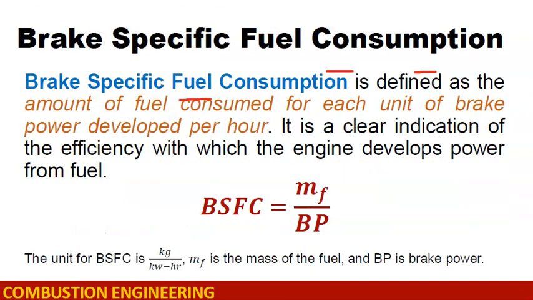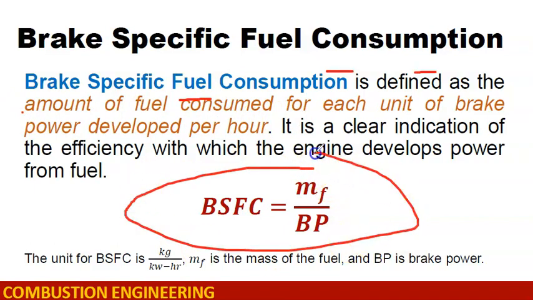Our BSFC is simply the amount of fuel consumed per brake power developed. So this tells us that a particular amount of power is produced when we use that particular amount of fuel in kilograms per hour. If it is ISFC, we just have to change BP with IP.